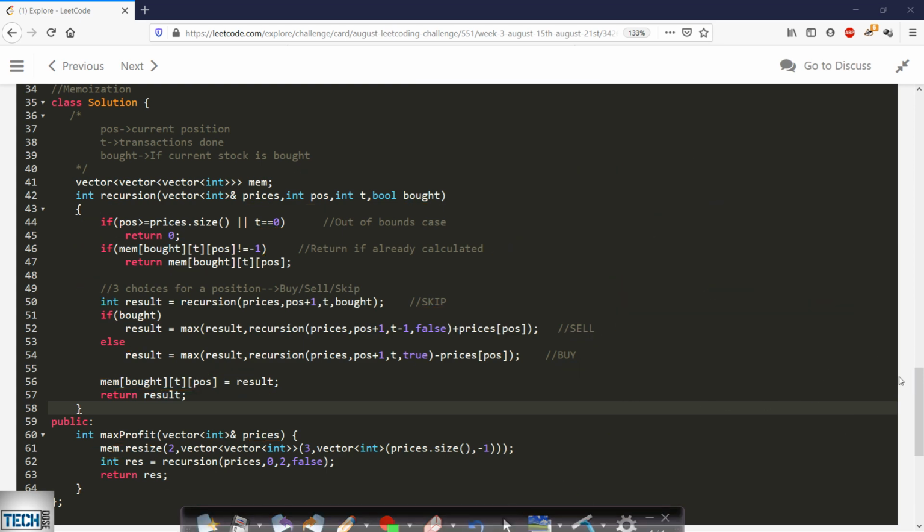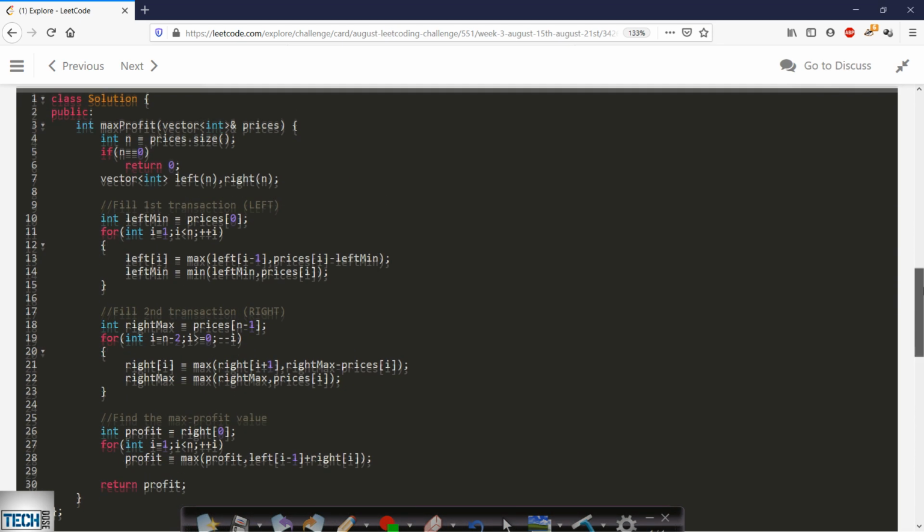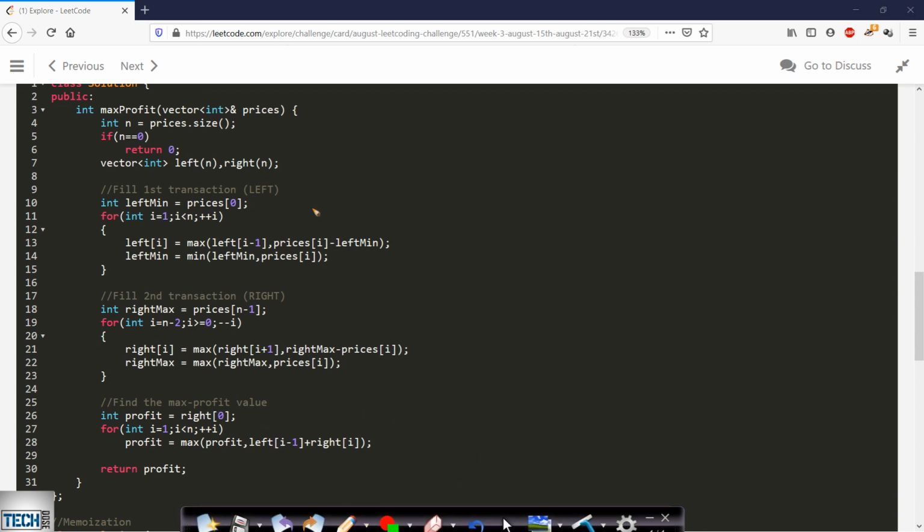Now let us look at the divide and conquer technique. Now this is very easy. I hope you have understood my theory explanation. In this case, I will be taking this prices array. I will be finding the number of days. After that, if the array is empty, I will be returning 0. Otherwise, I will be taking extra space for the left transaction, storing it in left, and for the right transaction, storing it in right.